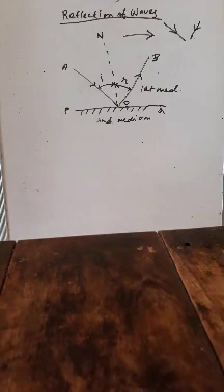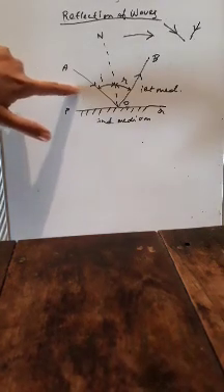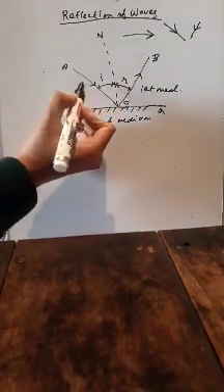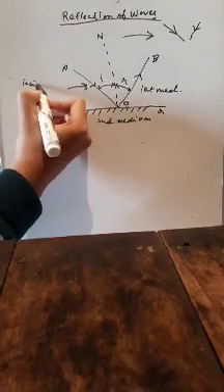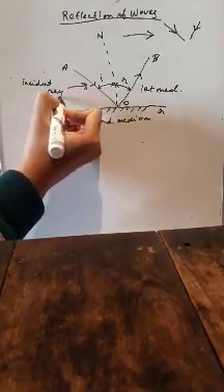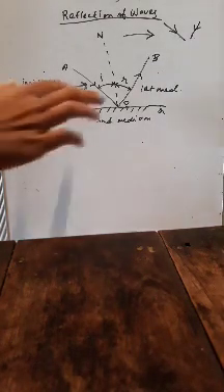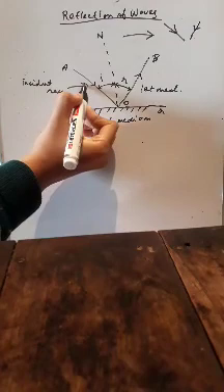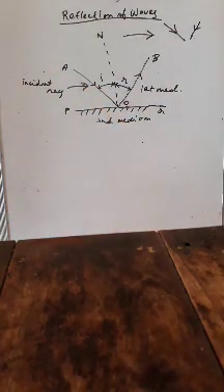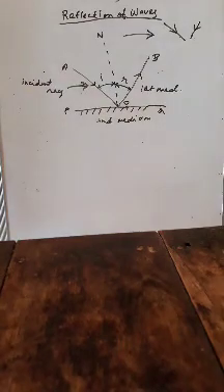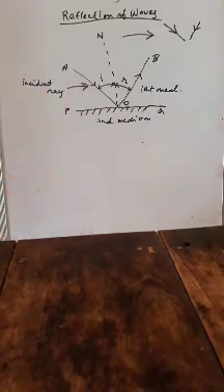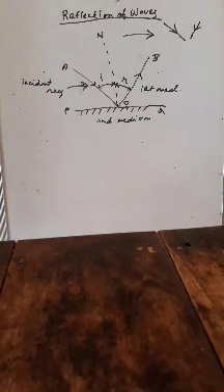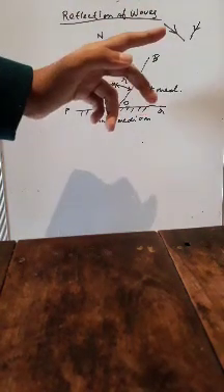So the ray which is striking the interface is called the incident ray. I'm writing it with the same concept as that of the reflection of light. This is your incident ray. After striking the point of intersection of the two mediums, it is very obvious that the ray is returned back to the first medium.